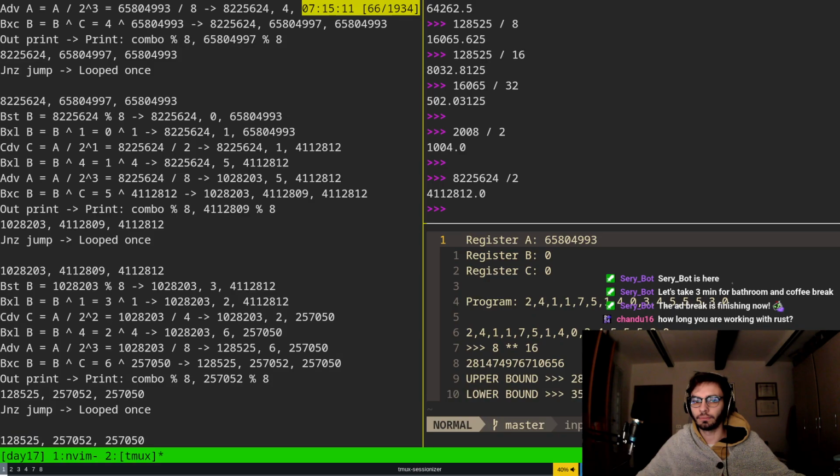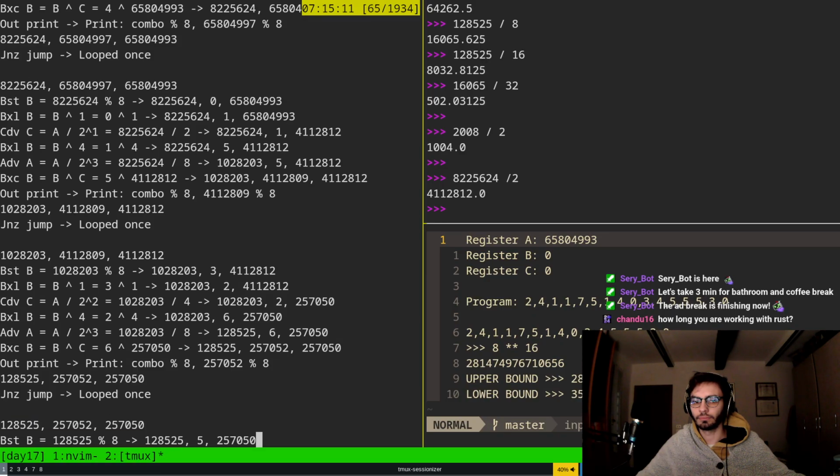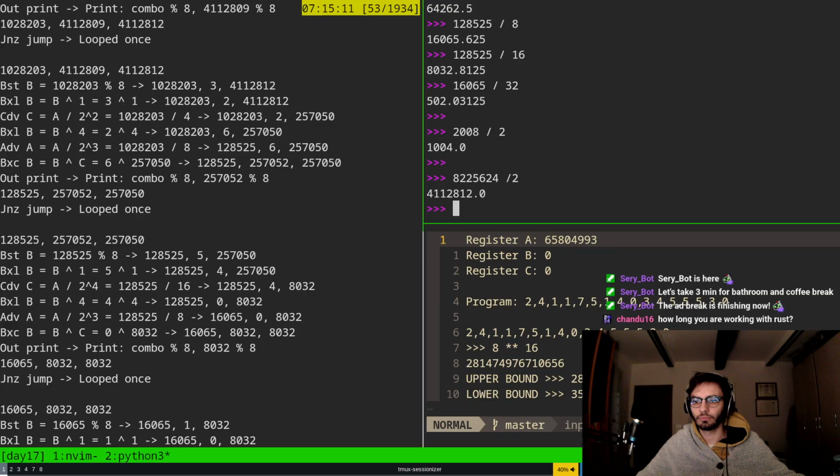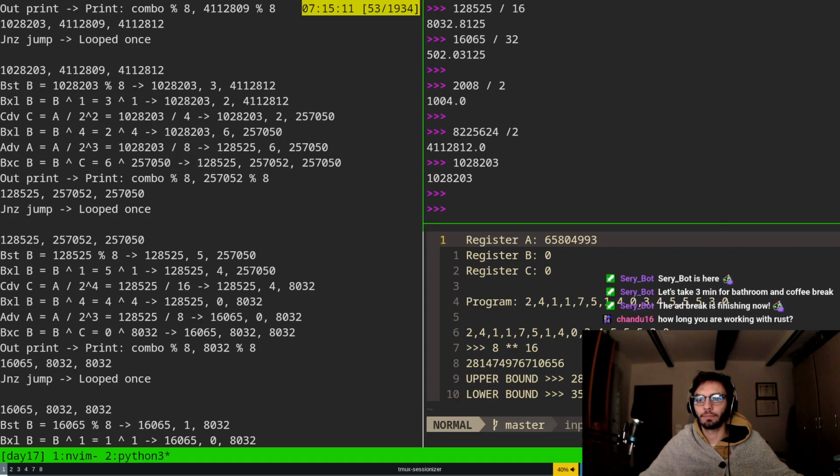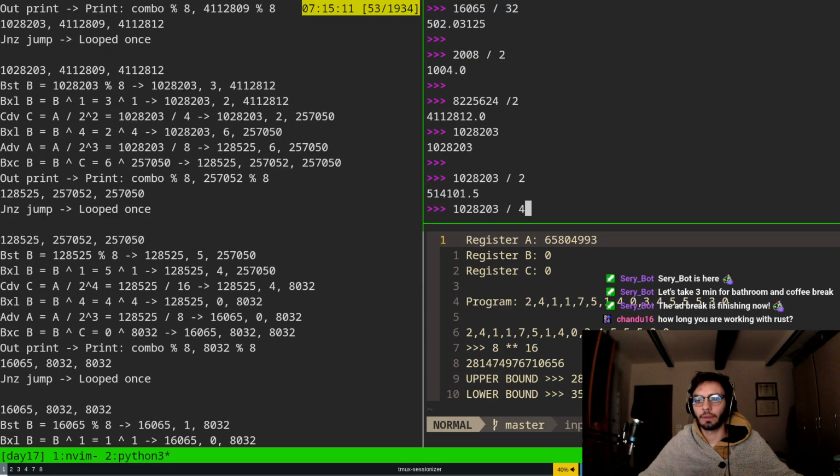Next iteration. This is 128 to 3 divided by 2. And this was divided by 4.